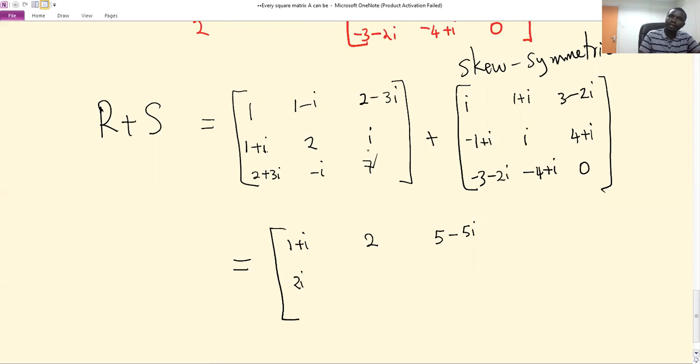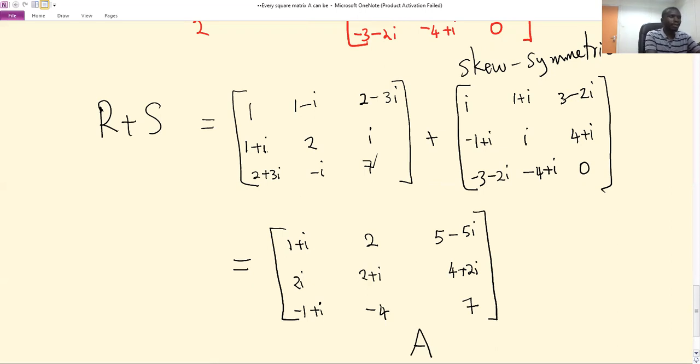And then 2 plus this will be 2 plus I, plus this will be 4 plus 2I, and then this plus this minus 1 plus I, and then this would be minus 4, and this 7 plus 0 is 7. And you see this was the matrix A that was given.